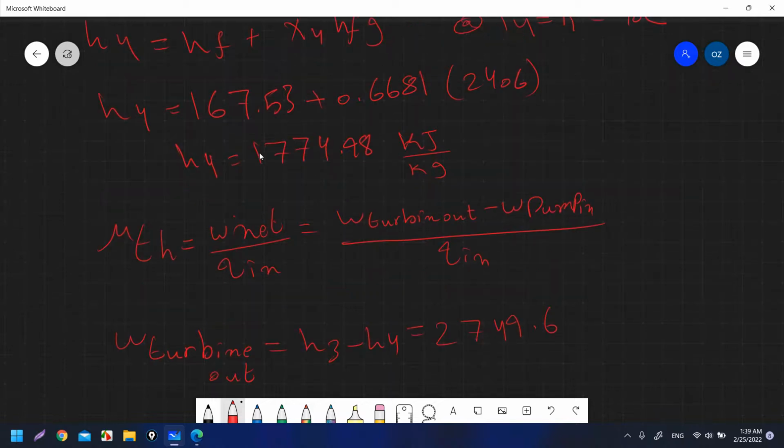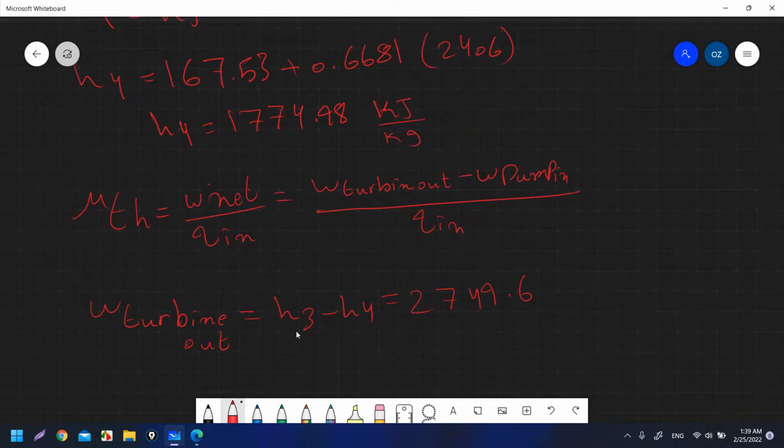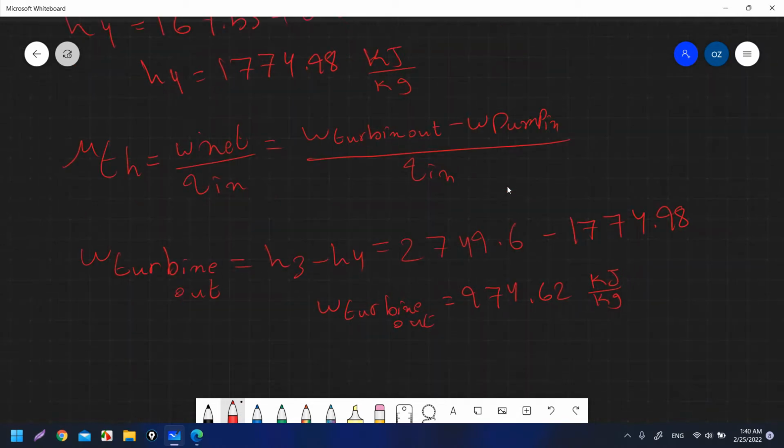Let's wait, let's calculate it using the calculator. 167.53 plus 0.6681 times 2406. This will give you, yes, this is right. Okay, sorry, this one is H3, and this is H4. That makes sense. H4 is 1774.98. Okay, and this will give you that the work turbine out is equal to 974.62 kilojoule per kilogram.